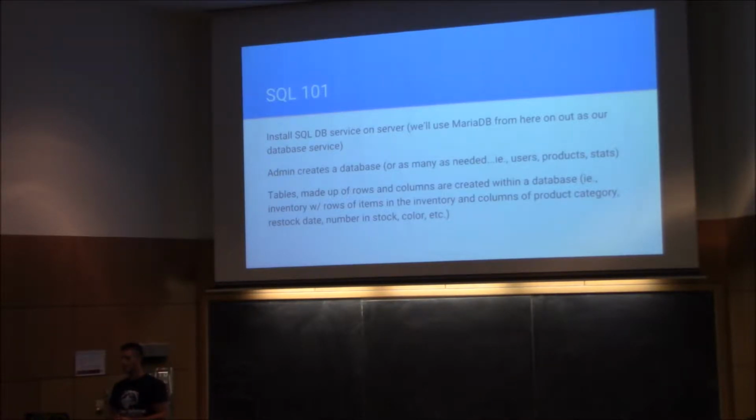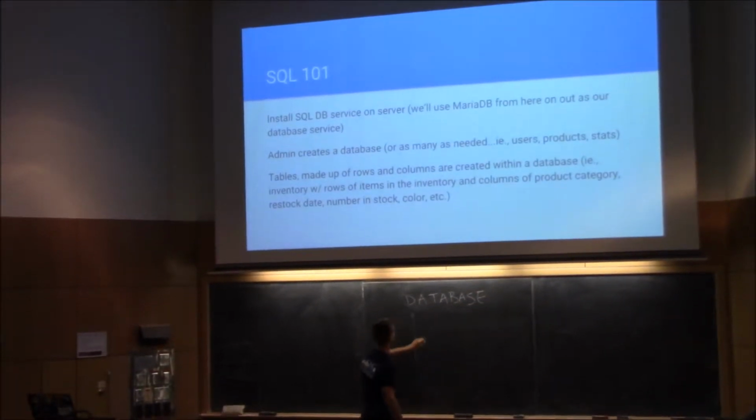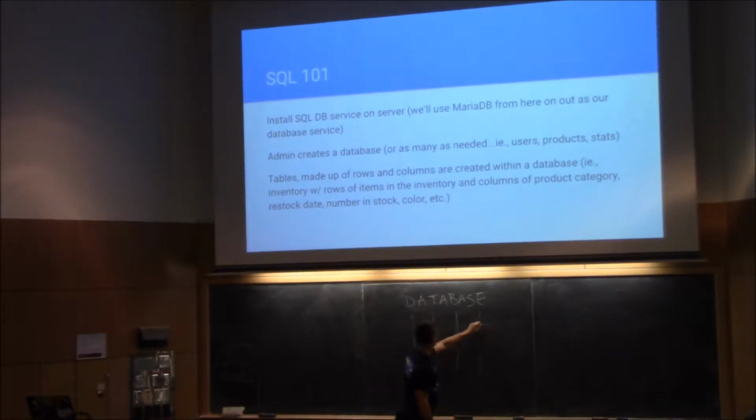So, got a chalkboard up here. Basically, you have a database, and that is made up of tables, which are basically just rows and columns of data and information. This could be a users table that contains, like, the ID of the user, the username, the password, and then the actual name of the person, like last and first.